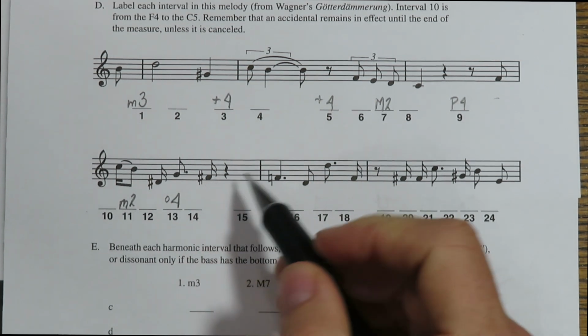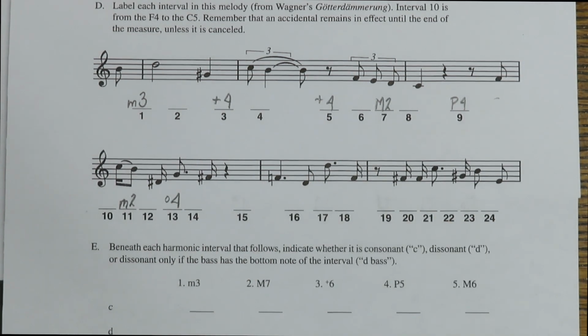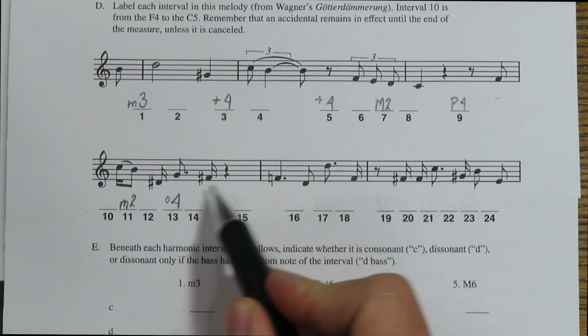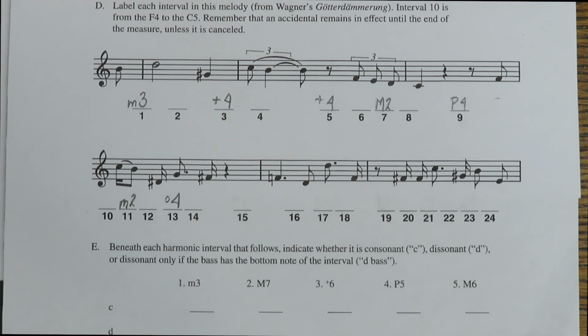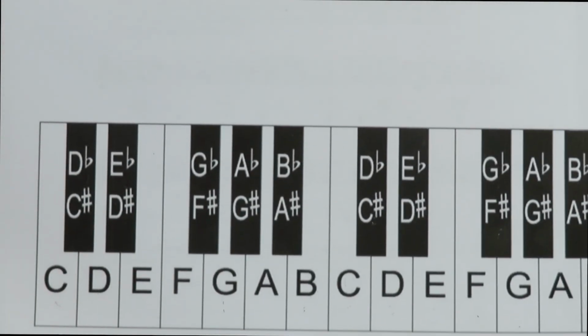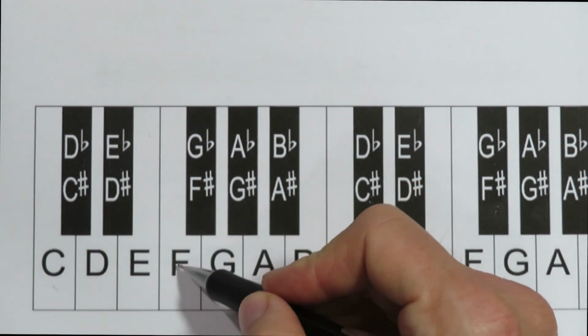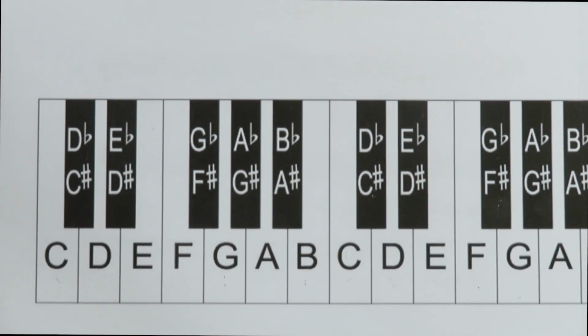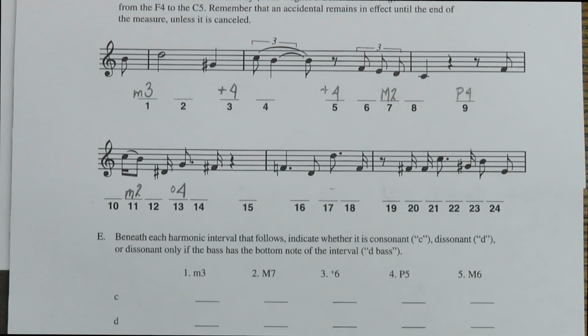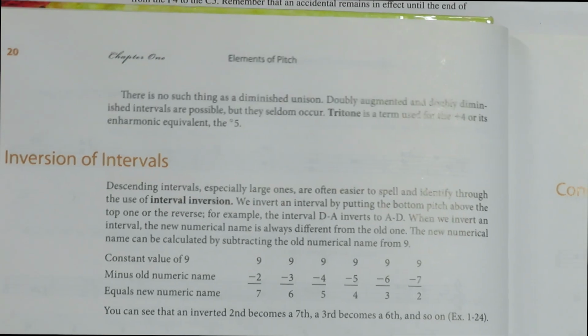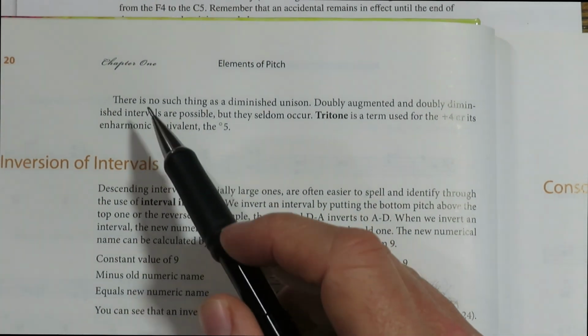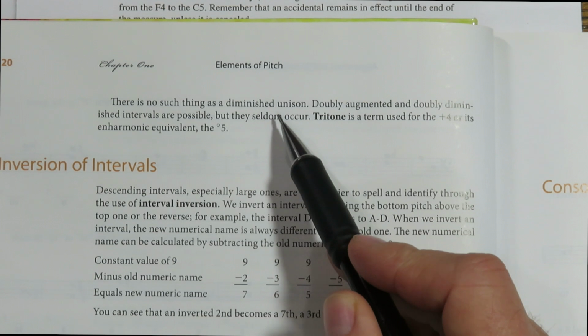Okay, so number 15. Here we are. We have an F sharp to an F natural. So we know that it's some kind of unison, right? Now, we have F sharp going down to F natural. Now, after some discussion, I checked the textbook and found that there is no such thing as a diminished unison.